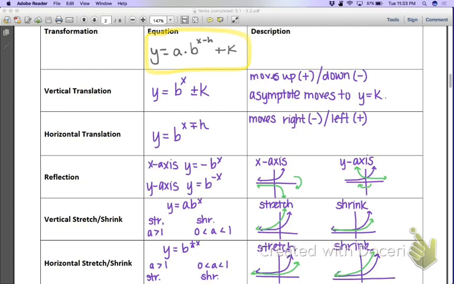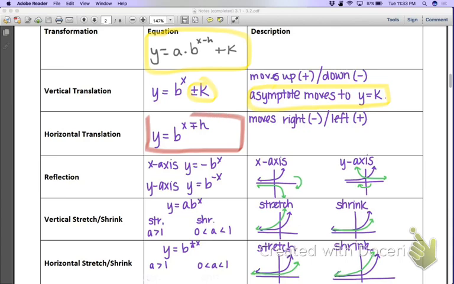Basically it's going to move up or down depending on what your sign is with k. We already talked about earlier that your asymptote is whatever k is. Just like everything else we've done, the k is going to move everything up or down. Like I said, that's going to be the asymptote.